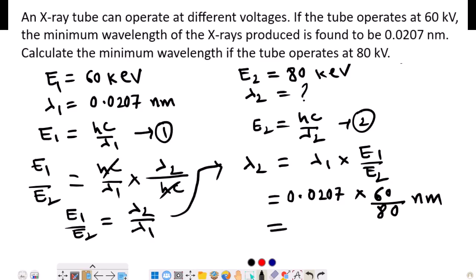Now if we calculate this, the 0 cancels, and if we multiply 0.0207 by 6 by 8, we will get 0.0155 nanometer. So the minimum wavelength of the X-ray photon if the tube operates at 80 kV is 0.0155 nanometer.